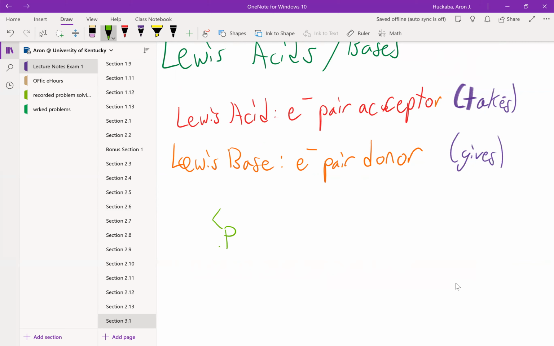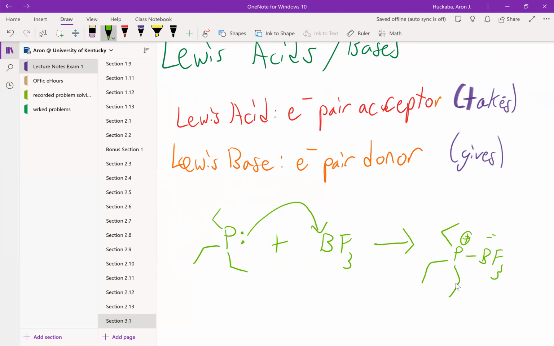Phosphorus has a lone pair, and when it meets something like a boron, maybe a boron with 3 fluorides, it will attack the boron to give us this molecule.